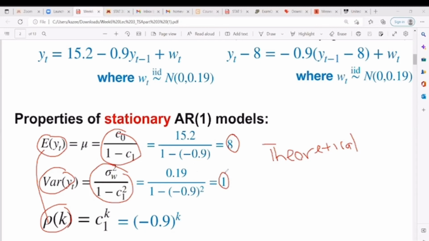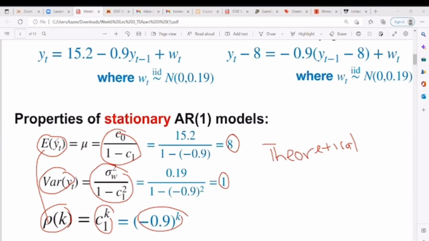If I want to get the theoretical autocorrelation, that's exactly the formula I'm going to use right here, and I'm going to get this.